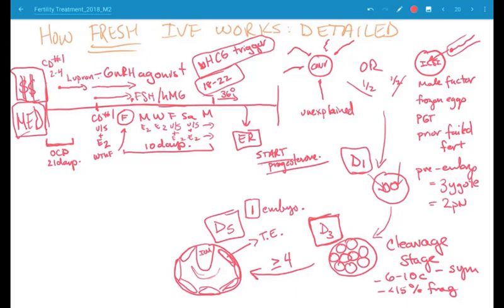Okay, so the patient has to start progesterone. In order to do that, they usually start the progesterone injection, and this is a very critical part, the day of the egg retrieval. If they don't do that, then their endogenous progesterone in an IVF cycle, remember, this patient was on a GnRH agonist up until the day of her HCG trigger. She was taking these medications up until the day of her trigger.